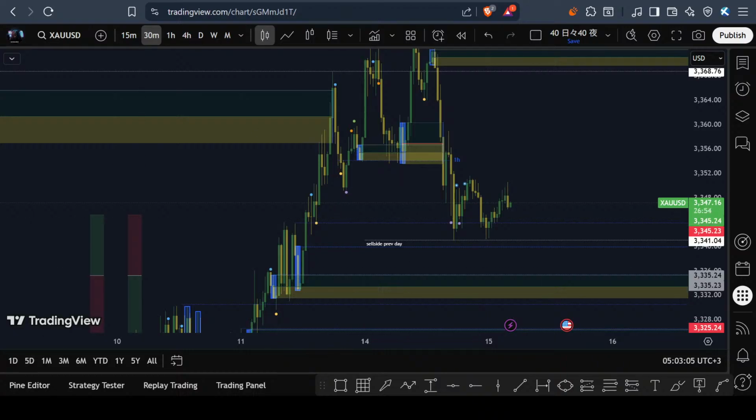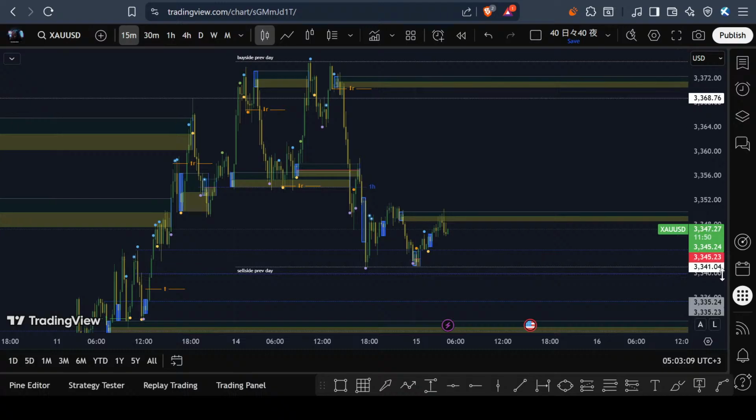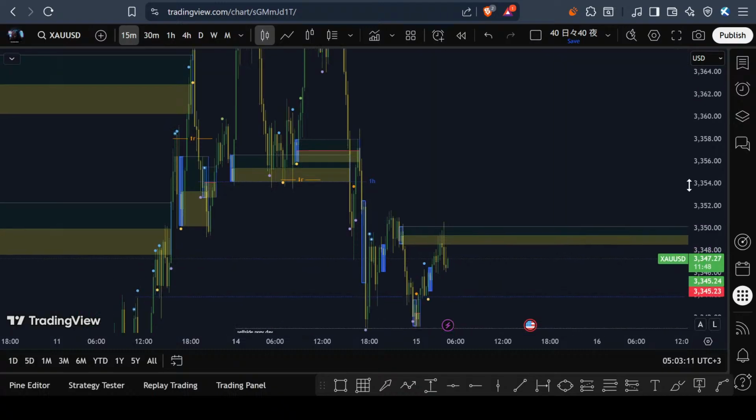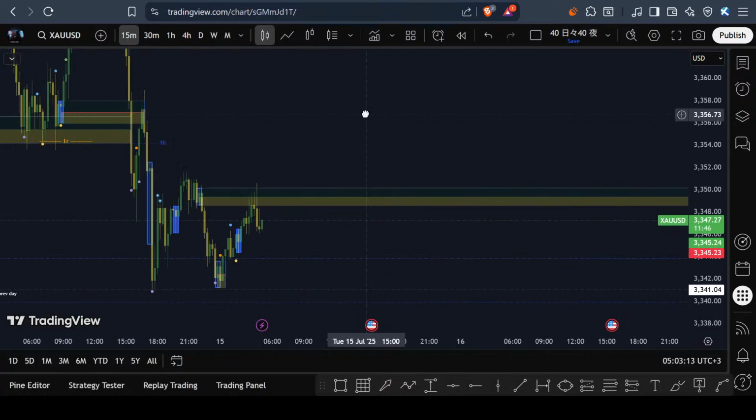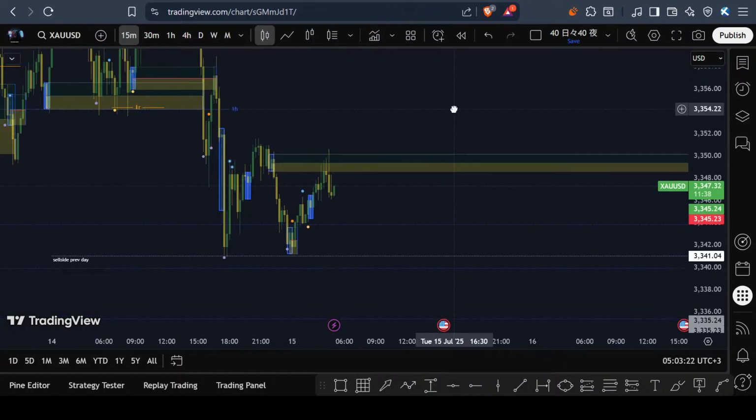Alright, another thing, looking at the 15. On the 15, I am not going to be here in the next round. I'm seeing a setup being formed here.